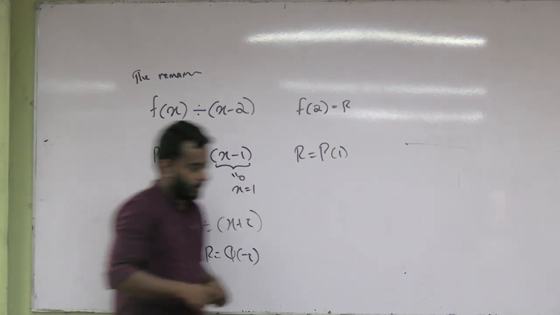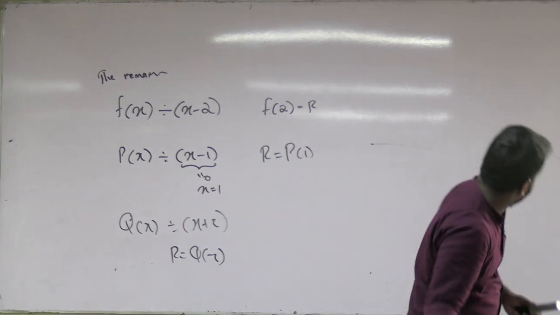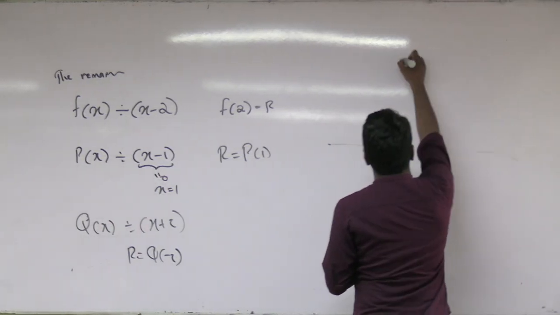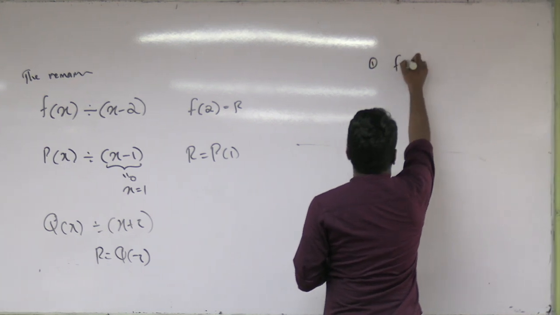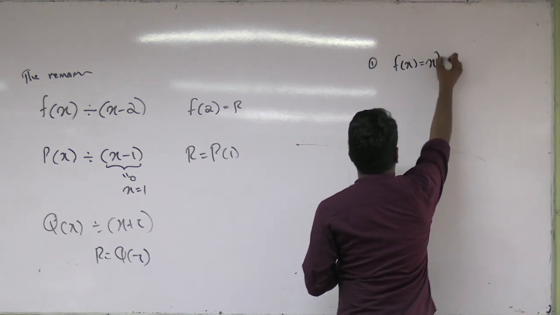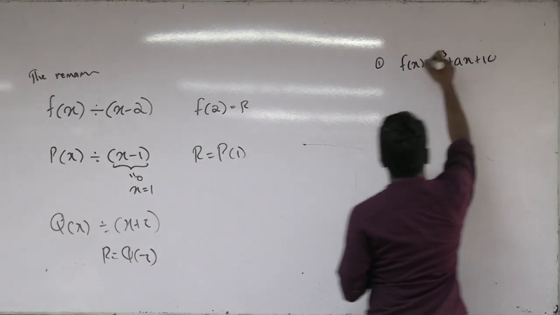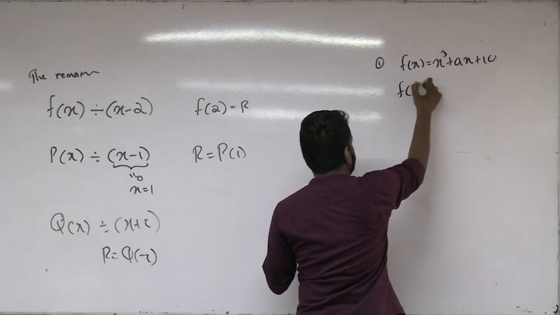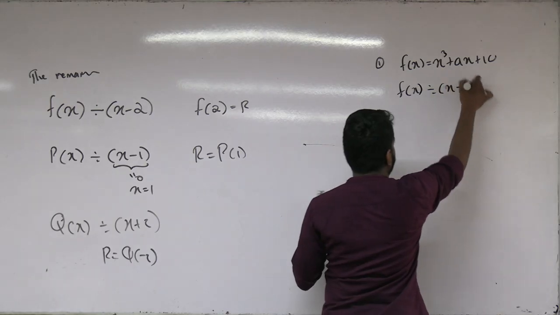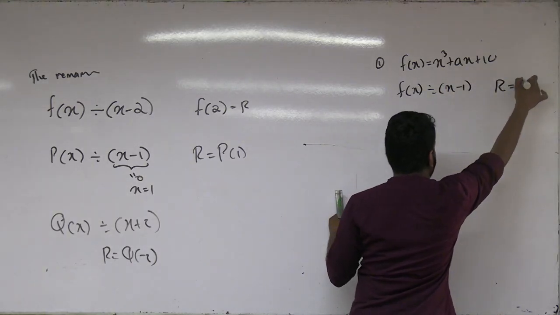Okay? Right. So we'll write this question. Question 1. They have given us a polynomial f(x) equals x cubed plus ax plus 10, and they say the remainder when f(x) is divided by x minus 2 is 2.